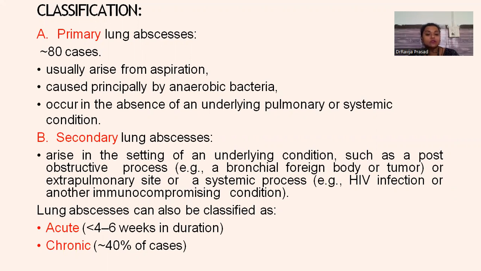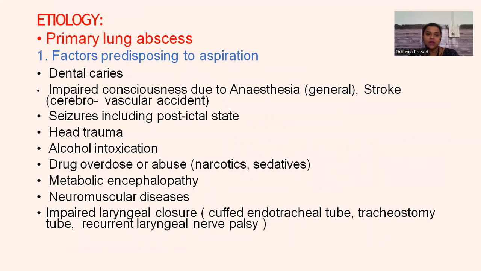Lung abscess can also be classified as acute and chronic. In the acute, it is less than 4 to 6 weeks in duration, and chronic is more than that, in about 40% of the cases. Now, what is the etiology of lung abscess?